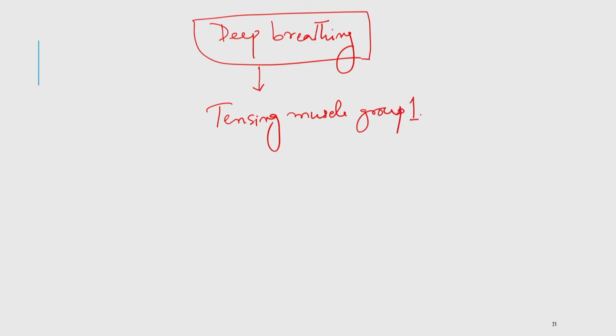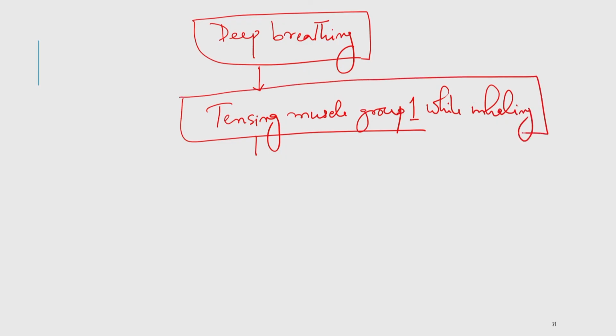We can start with, let us say, the feet. This is muscle group 1. Ideally, the tensing should be done while inhaling: you tense while inhaling, and while exhaling you relax.